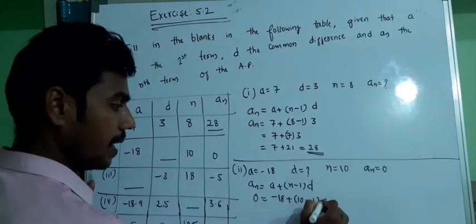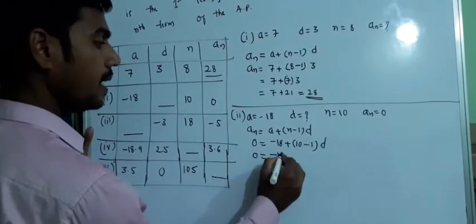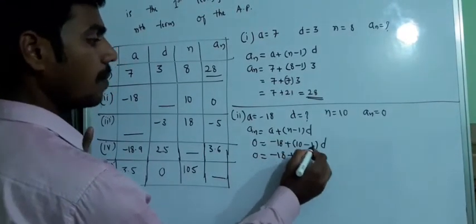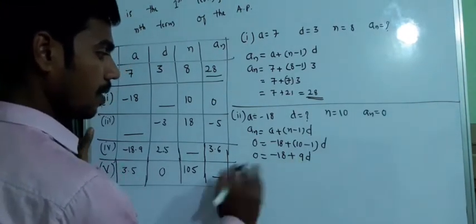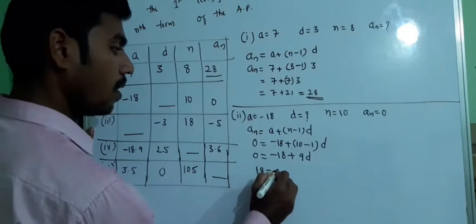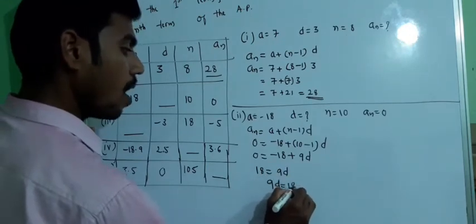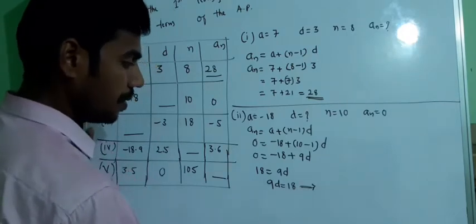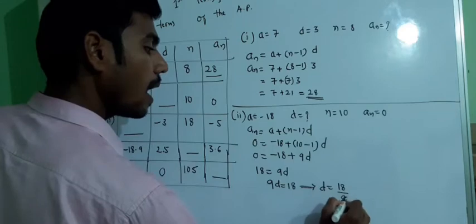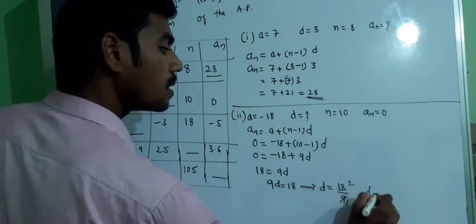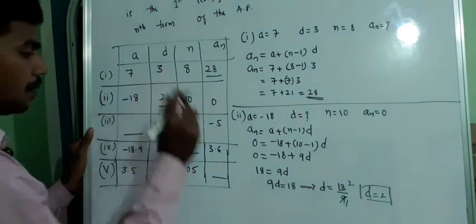What is D here? We need to calculate. Therefore 0 is equal to minus 18 plus 10 minus 1, which is 9D. So 18 is equal to 9D, or 9D is equal to 18, which gives us D is equal to 18 divided by 9. 9 2s are 18, therefore D is equal to 2. So D is 2.